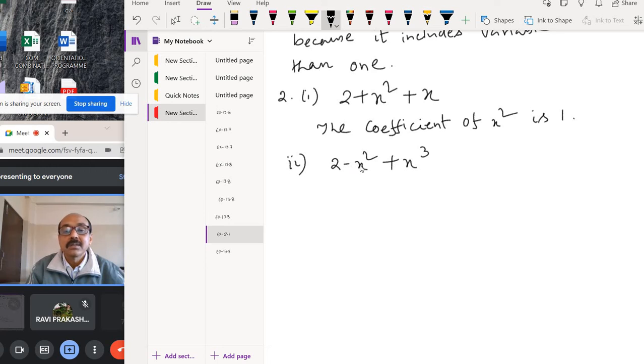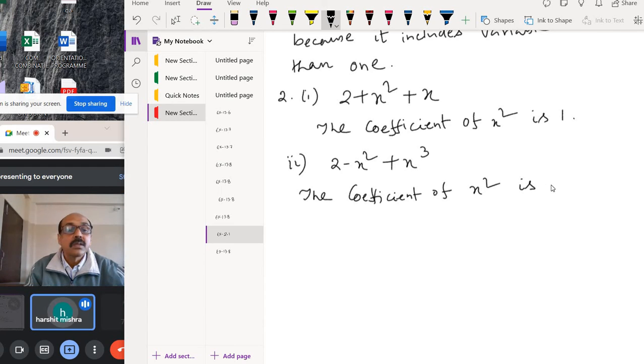So it is minus 1. So minus 1 x square and plus x cube. So the coefficient is minus 1 because of the minus sign. Okay. The coefficient of x square is minus 1. Harshit, is it okay? Yes, sir. It is minus 1.